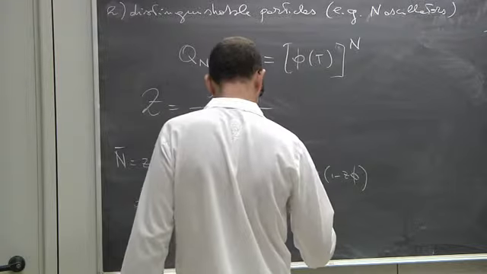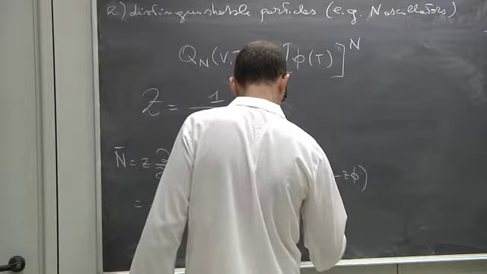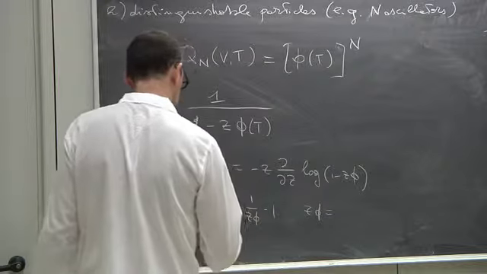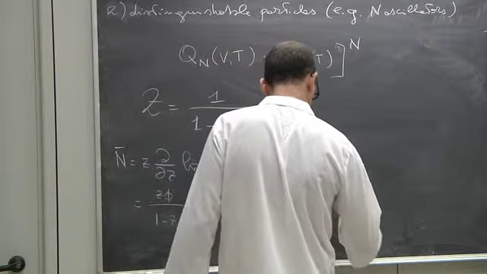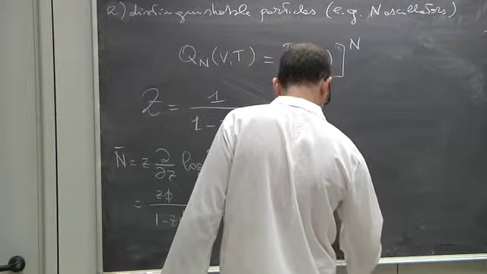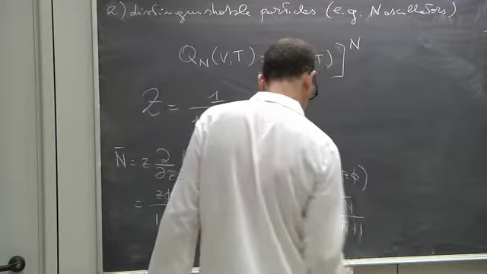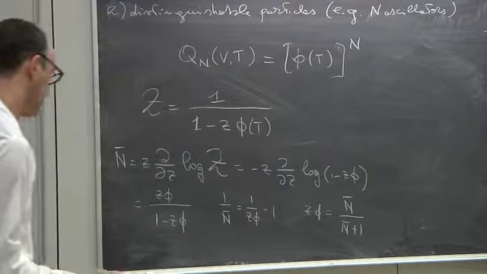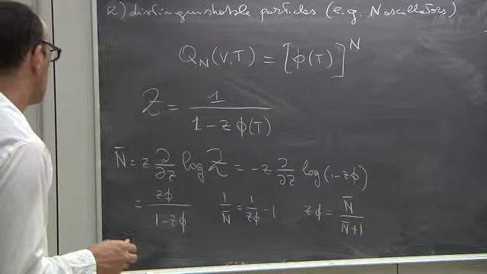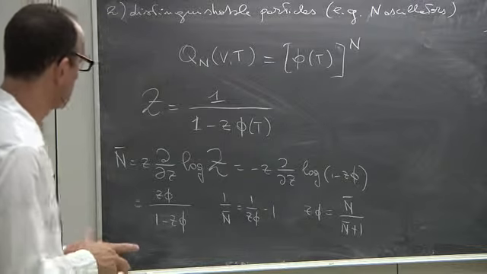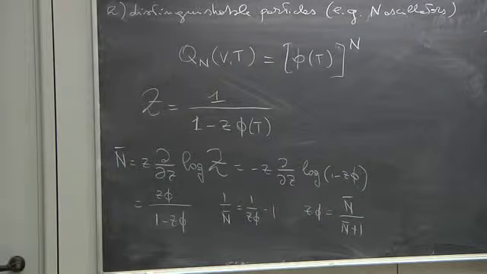Or z phi is equal to n over n plus 1. Okay?